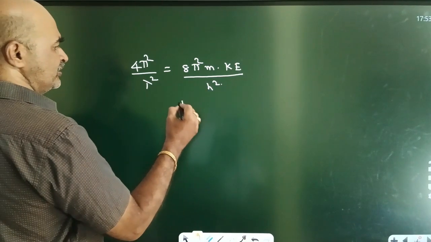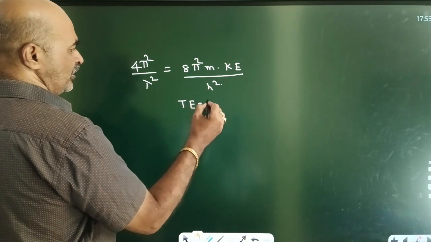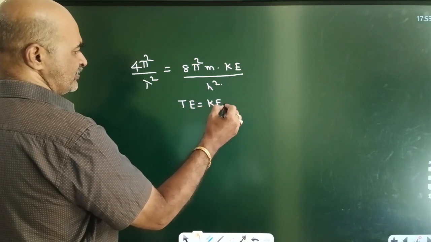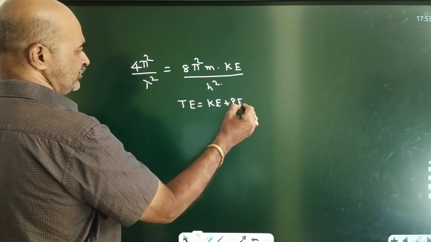But total energy is equal to kinetic energy plus potential energy.